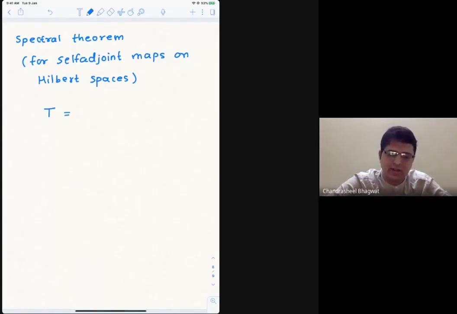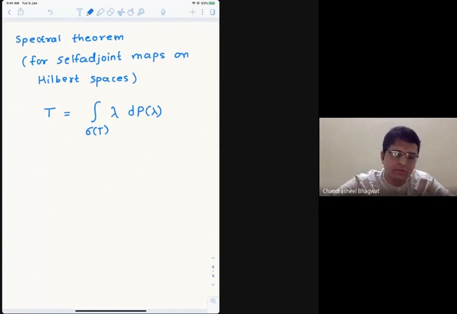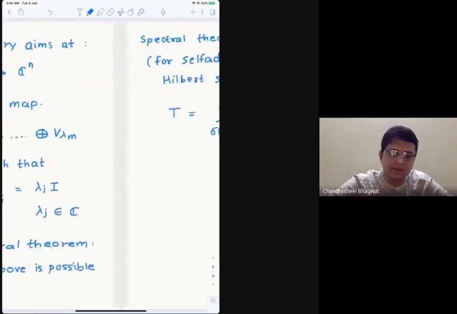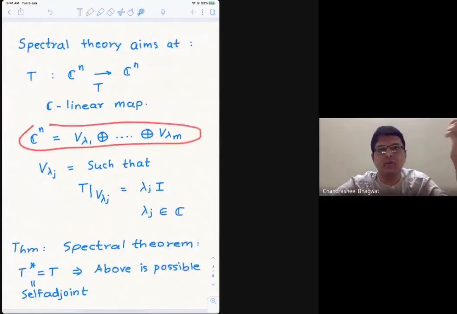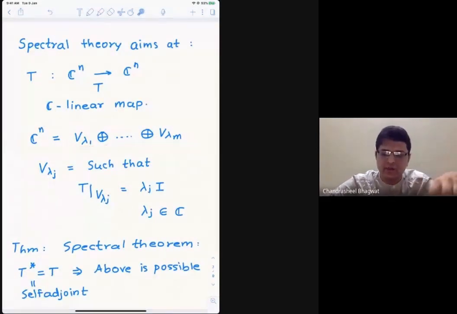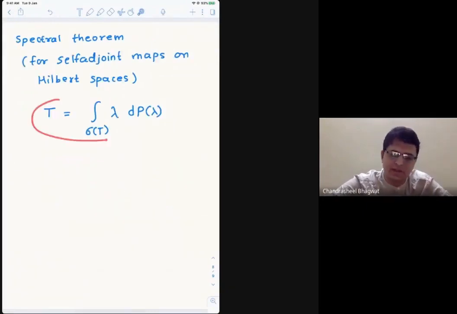You can write this T as an integral of some function lambda on the spectrum of T with something called a spectral measure, which doesn't make any sense at this moment. I don't want to think about this. The brief one-line description is that here you are writing Cn as a direct sum decomposition of vector spaces. On each part, T is going to look like a scalar map. So you can think of T as a direct sum of these lambda j's in some suitable sense, and the sum is getting replaced by an integral.